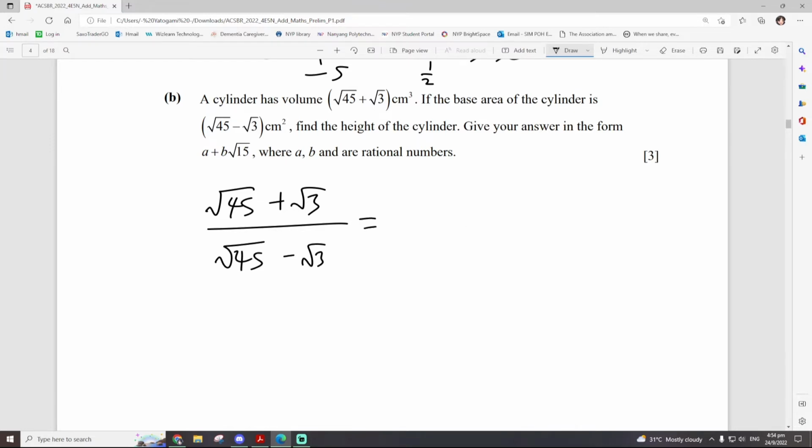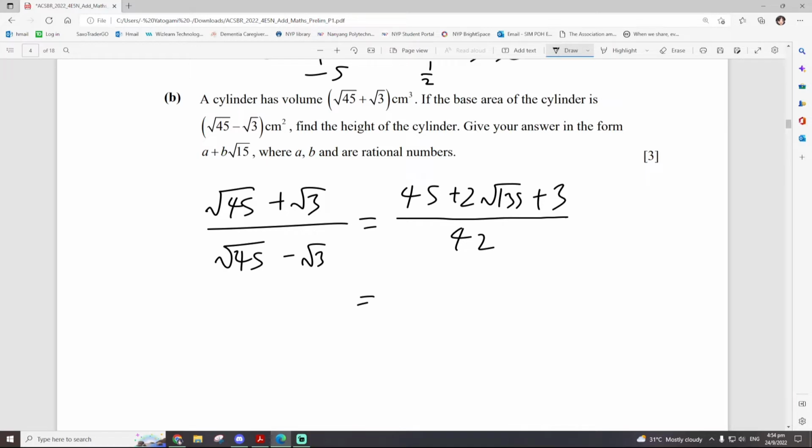So if I do this, I will get root 45 plus root 3 squared, which is 45 plus 2 root 135 plus 3, divided by, now when I take the conjugate of this, I'll get 45 minus 3, so this is 42. And let's see what this simplifies to.